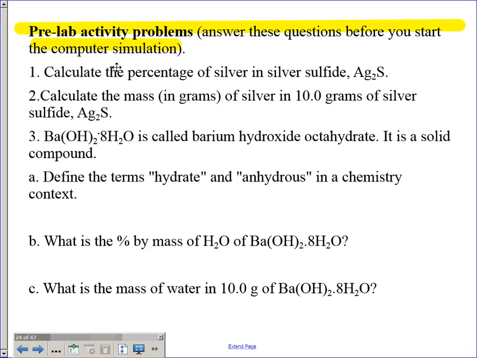Okay, that's right. So water is 45.7%. That's easy to do. We got 45.7% for 3B.